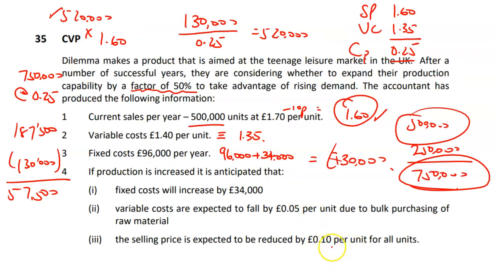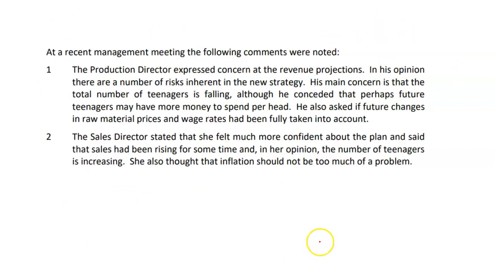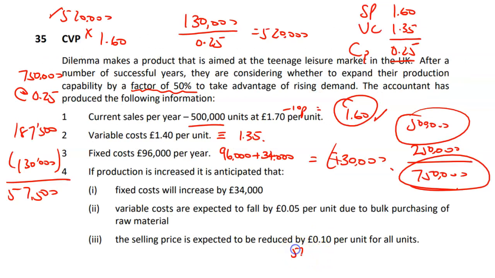The margin of safety, we are talking about 750,000 units against a break-even of 520,000. This is what we're proposing to sell, and the break-even is the difference, right? So 750,000 minus 520,000 gives you 230,000.